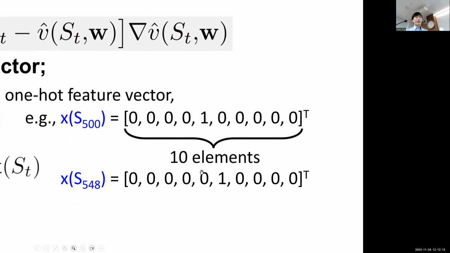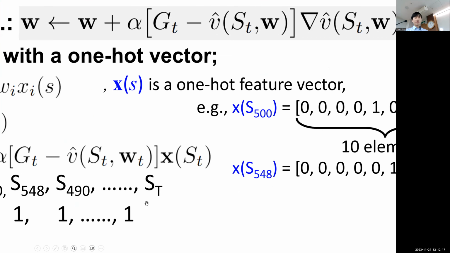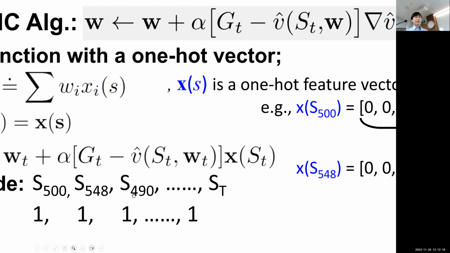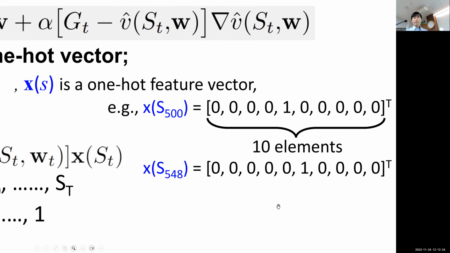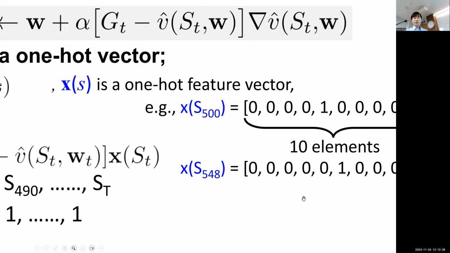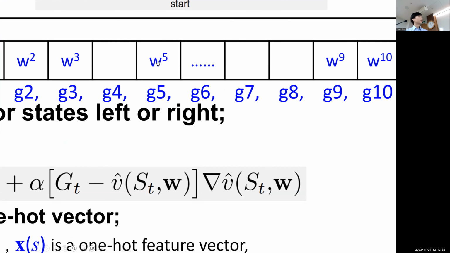Now you can continue to generate this one hot feature vector. For example, the next state is S490. S490 will jump back to group 5, somewhere here, right?